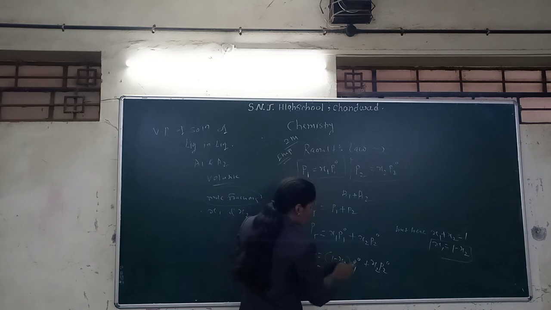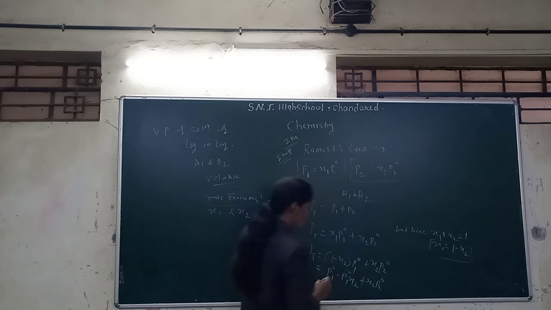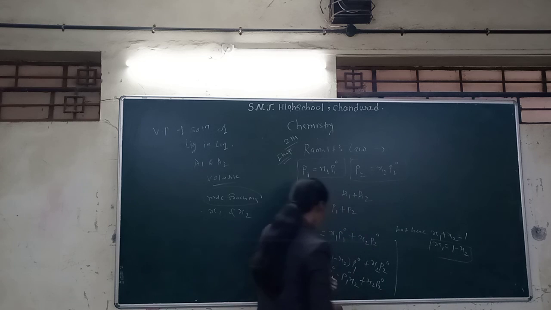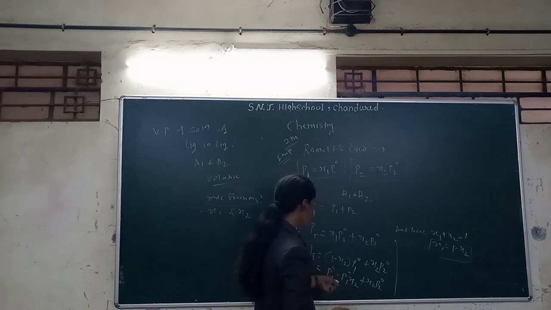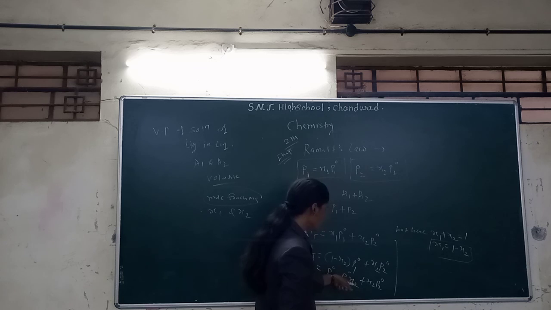Here, on multiplication, P1 naught minus X2 P1 naught plus X2 P2 naught. In the simplification of this equation, X2 is common.